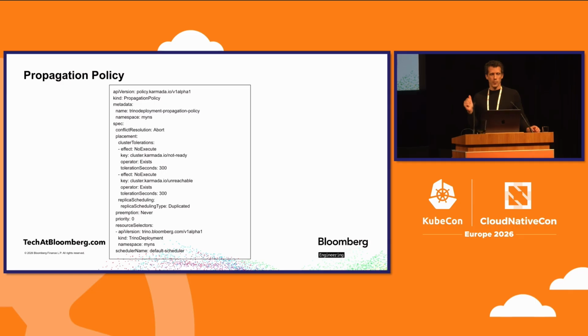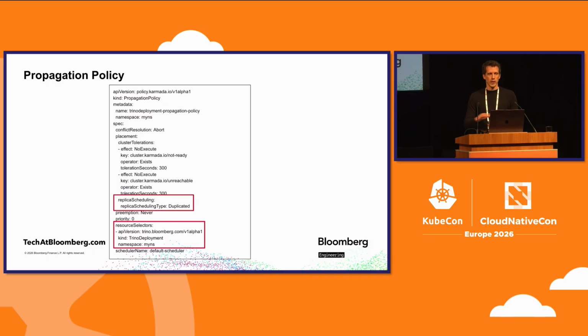So here's an example of a propagation policy. It's a Karmada resource that tells the Karmada control plane how to distribute Kubernetes resources to member clusters. Think of it as routing rules for multi-cluster deployment. So in that spec, we are distributing Trino deployment CRs, and our approach is to duplicate it across all member clusters.